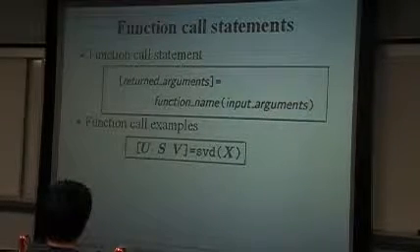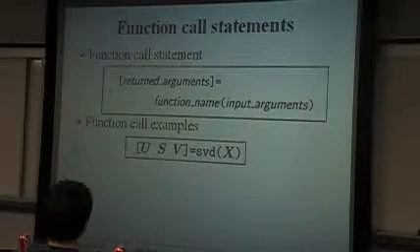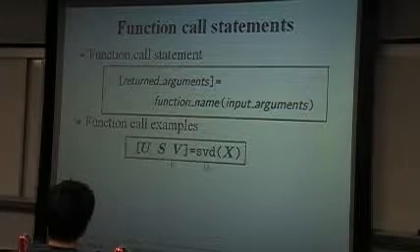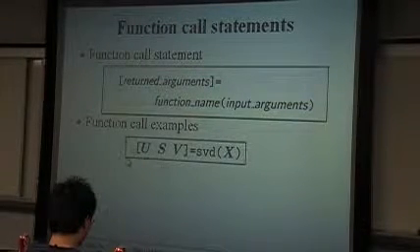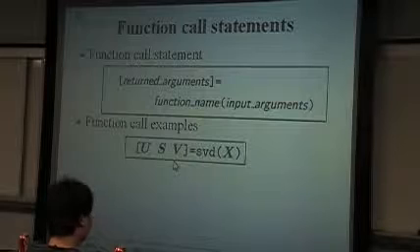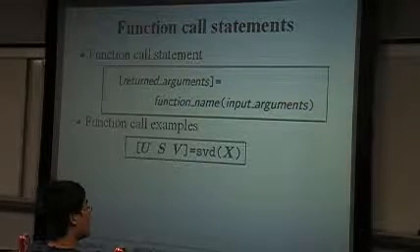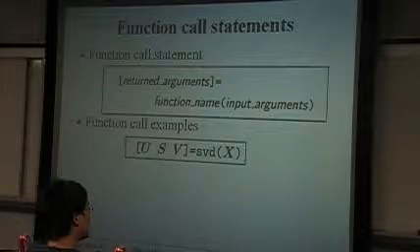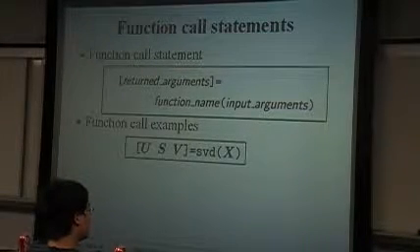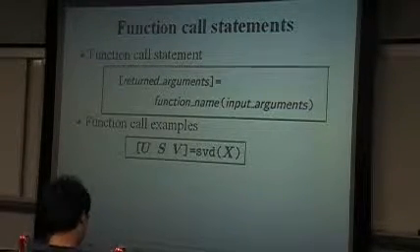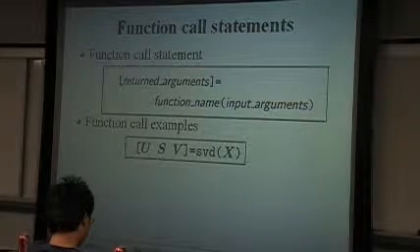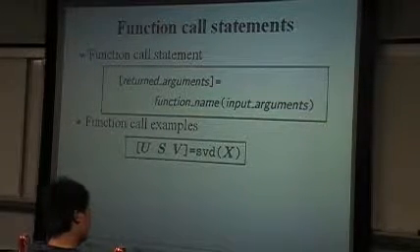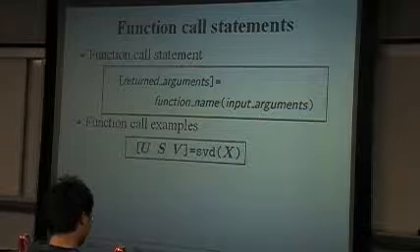And in the function call, it can return several variables at the same time. For instance, I've used the size command. Two variables are returned: the rows of A and the columns of A. And this is one way to code the command.